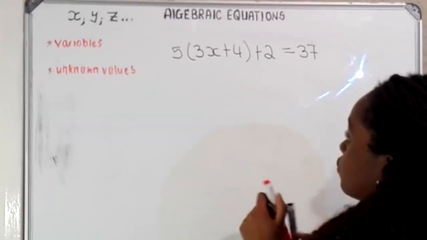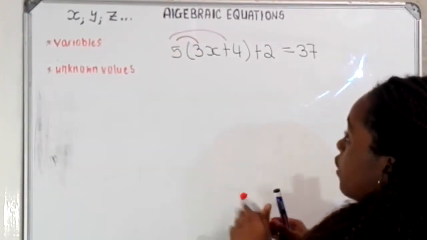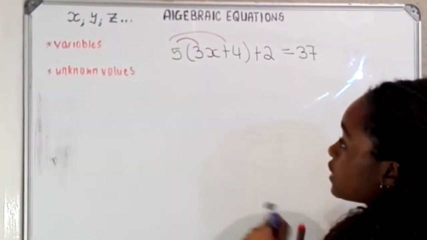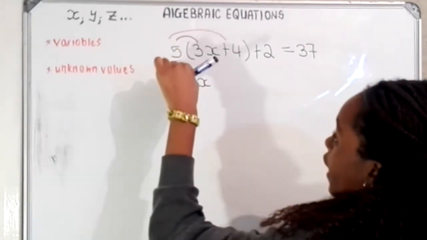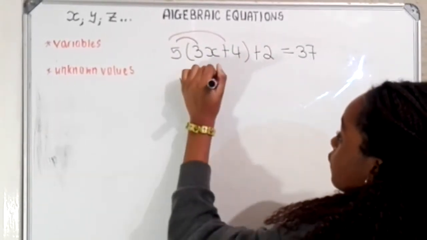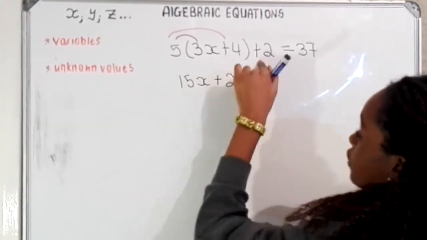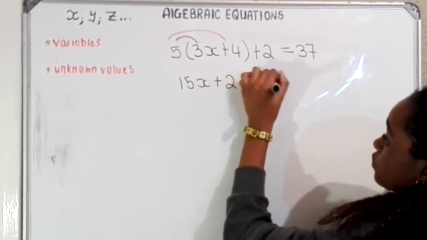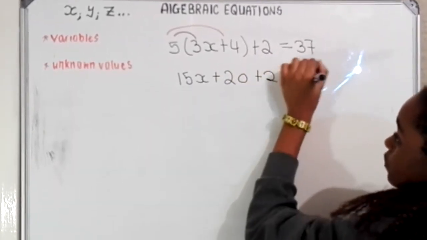So we're going to distribute 5 to each term. So 5 times 3x is going to give you an answer of 15x, okay? 5 times 4 is going to give you an answer of positive 20. And don't forget the plus 2 is equal to 37, all right?